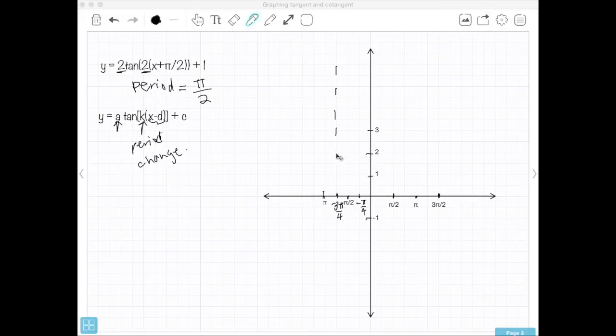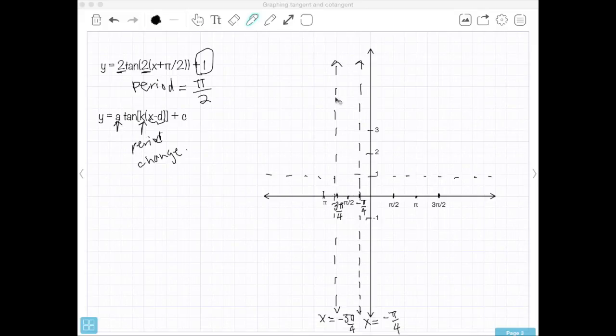Draw in the asymptotes, negative 3 pi over 4, label your asymptotes, and negative pi over 4. Draw a line at y equals 1 to remind yourself of the vertical shift.